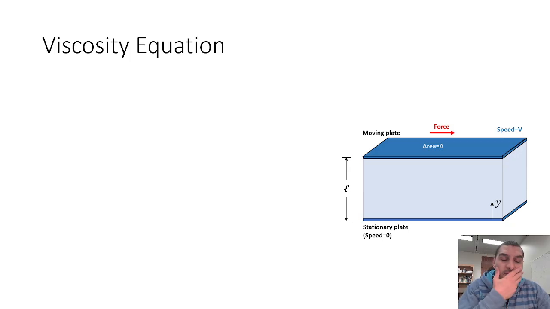This is why we mentioned the no-slip condition at the beginning, because using the no-slip condition, we can now tell that the very last layer of the fluid that is contacting the top plate will have the same velocity as the top plate, and the bottom layer of the fluid that is touching the bottom plate will have the same velocity as the bottom plate.